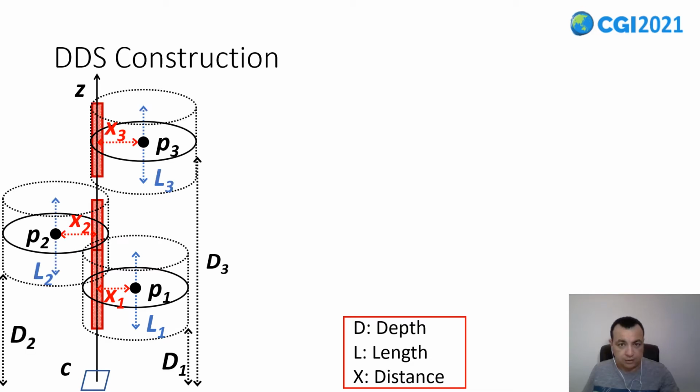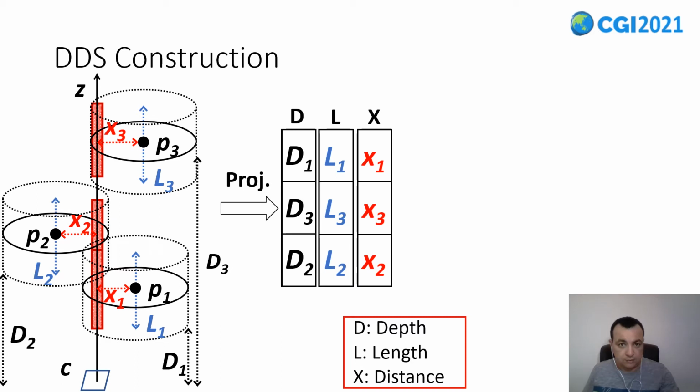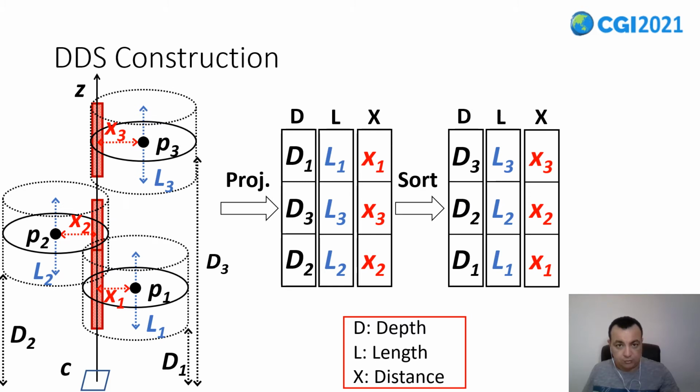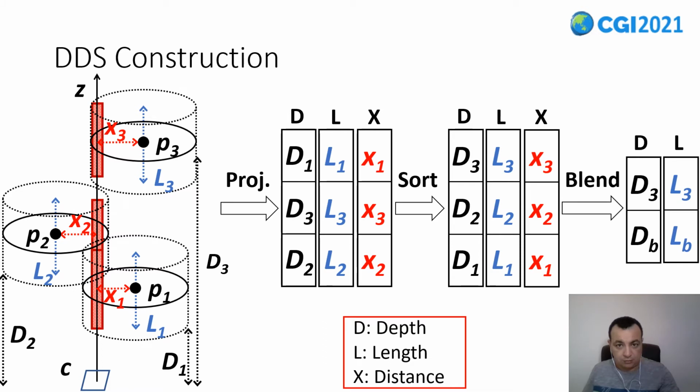And the same for the other 2 points. So at the subarrays of cell C, we have 3 fragment intervals, each one with all the information needed, and the order is random. Next, we sort the fragment intervals by depth, and then we blend the fragment intervals.